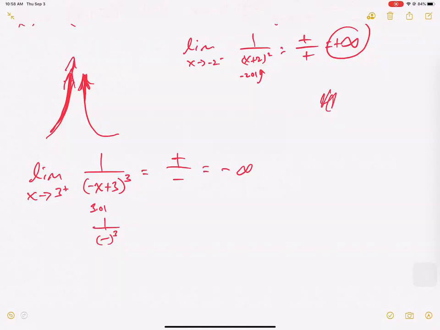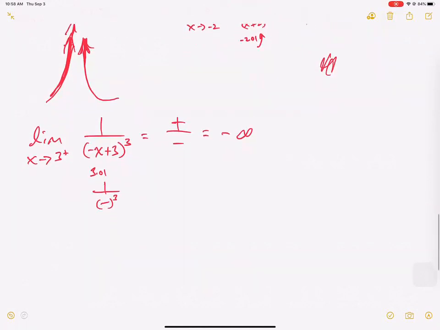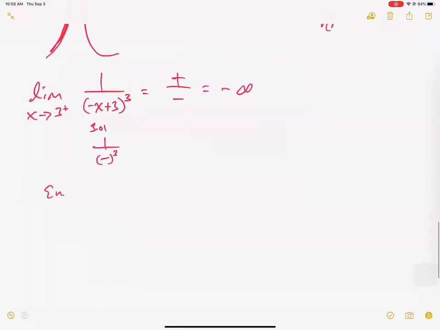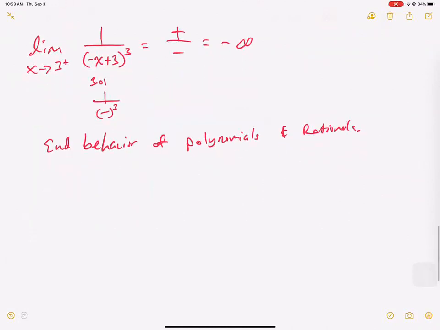Okay. The last thing we want to cover, really quick, is end behavior, just as a reminder of what end behavior is. End behavior of polynomials and rationals. So a quick sum.